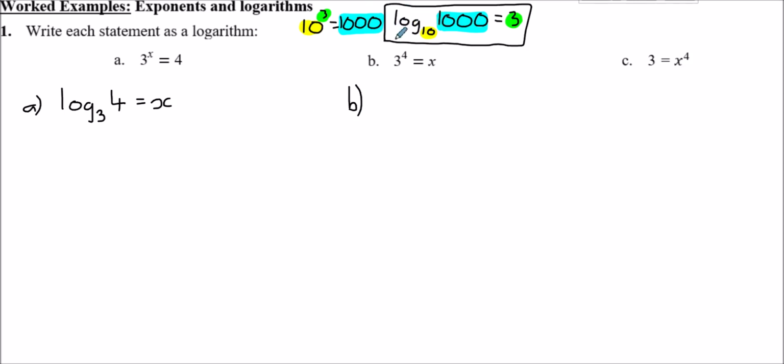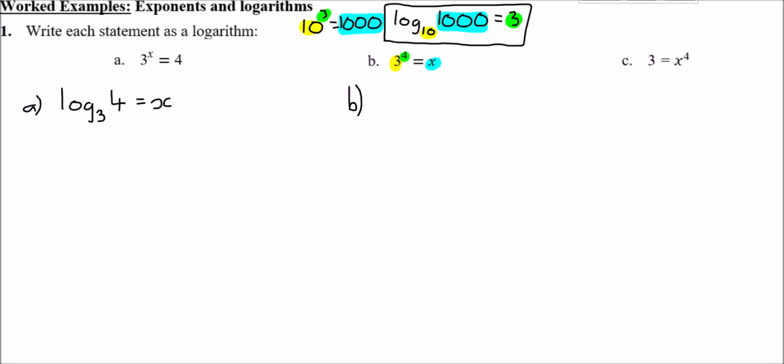Let's try this method for b. So if you've got b here, let's colour code them again. And so this time our base is 3, our power is 4, and our answer is x.